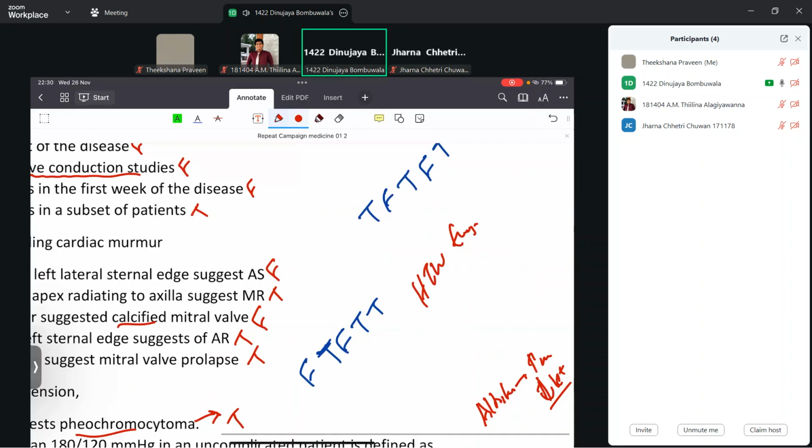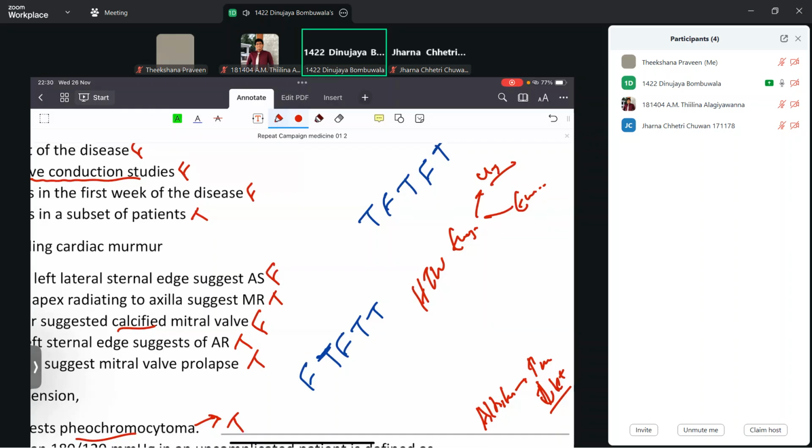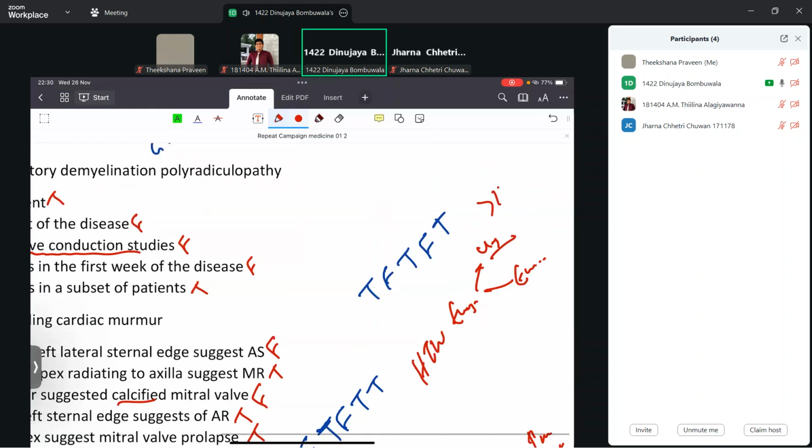Urgency means the blood pressure is more than 180 over 120, but there are no features of end organ damage, like no eye changes, no heart failure, no acute kidney injury, no strokes, no seizures. But if any one of those occurs with blood pressure more than 180 over 120, we call it a hypertensive emergency.